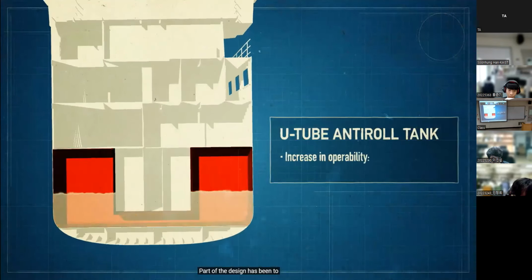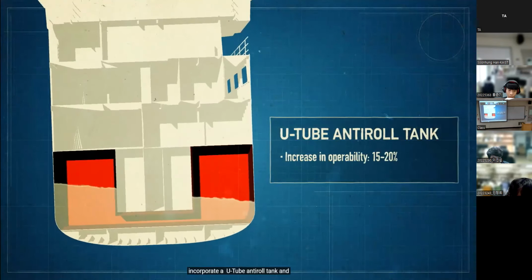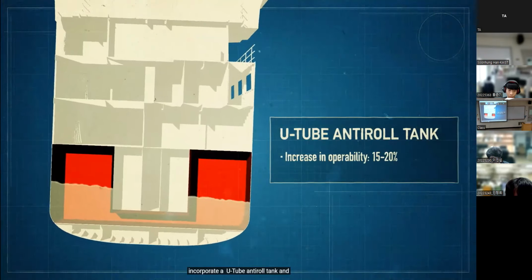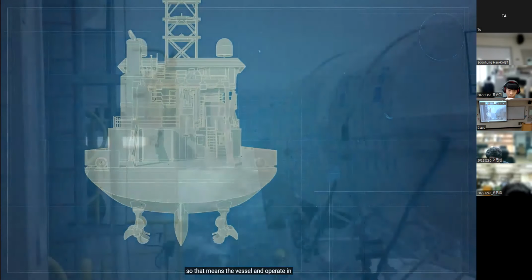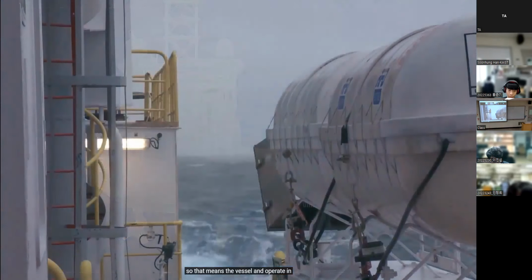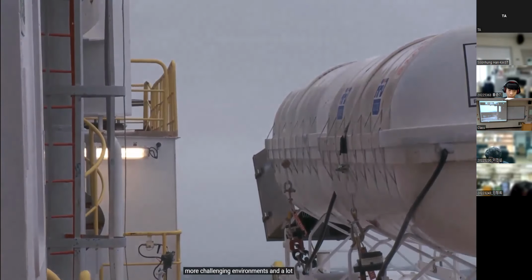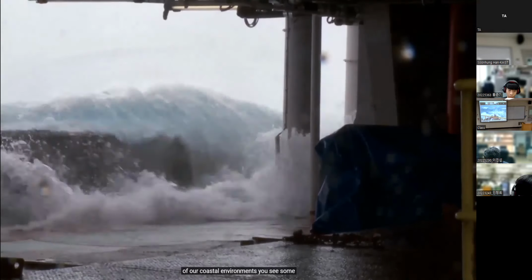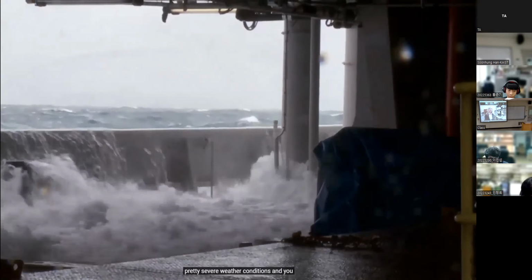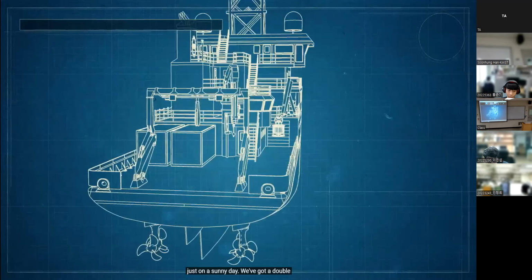This is a model testing. Part of the design has been to incorporate a U-tube anti-roll tank. And so that means the vessel can operate in more challenging environments, and a lot of our coastal environments do see some pretty severe weather conditions, and we like to be able to investigate ocean processes under all conditions, not just on a sunny day.